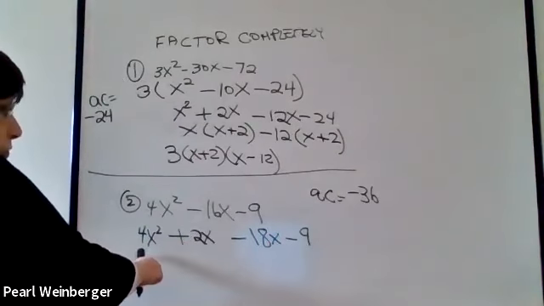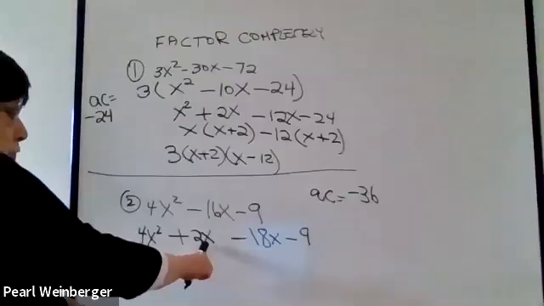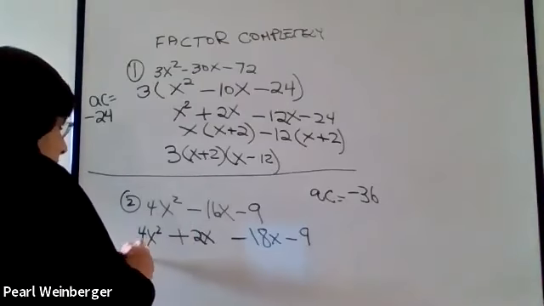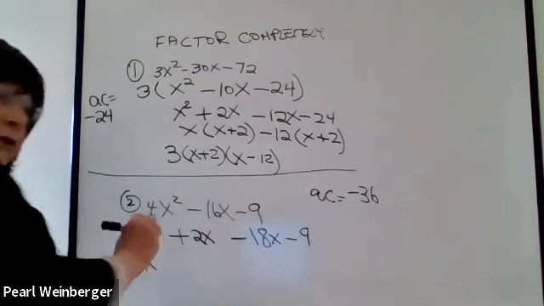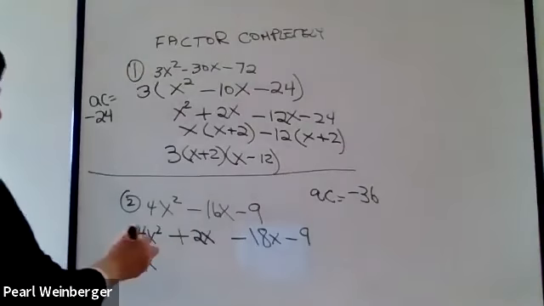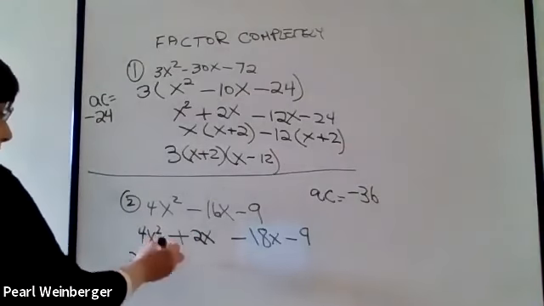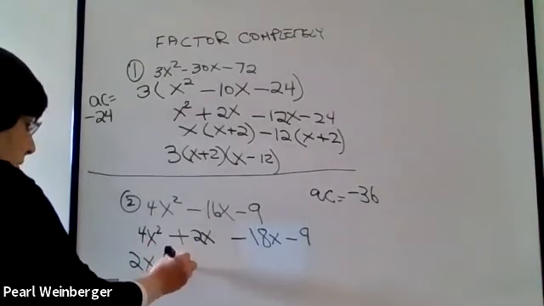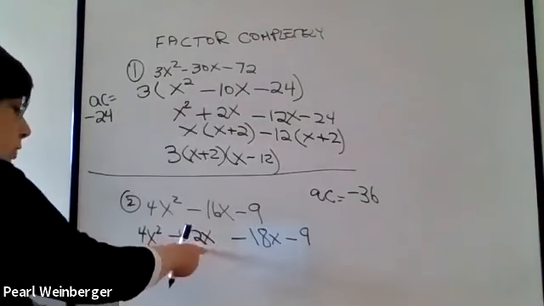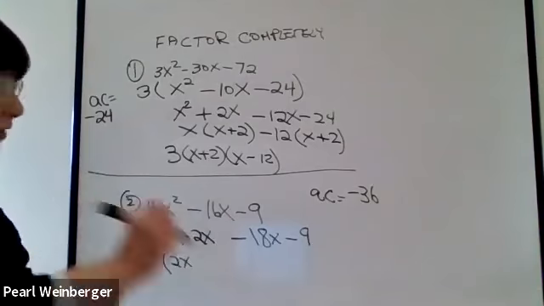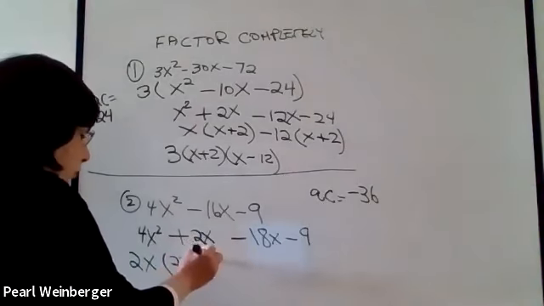And in our first group of 4x squared and 2x, we have a common factor of 2x. 2x into 4x squared gives me 2x. And 2x into 2x, everything cancels out. Remember, when everything cancels out, you put 1. Don't just drop it.